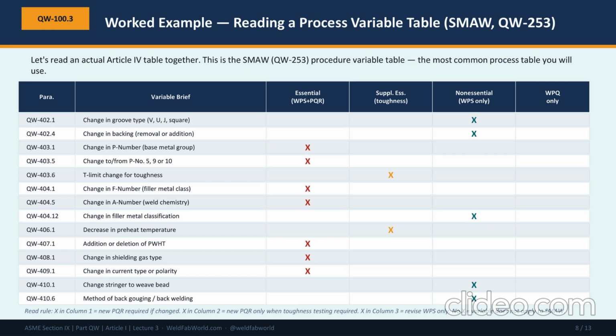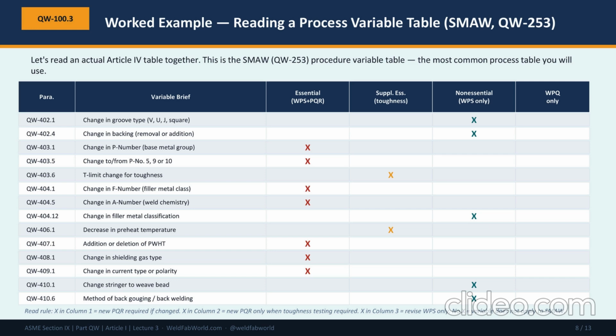The reading rule at the bottom of the slide. X in column 1 means new PQR if change. X in column 2 means new PQR only when toughness testing is required. X in column 3 means revise the WPS only. No X, blank, means the variable does not apply to SMAW. Practice reading this table until you can go through it quickly and confidently.